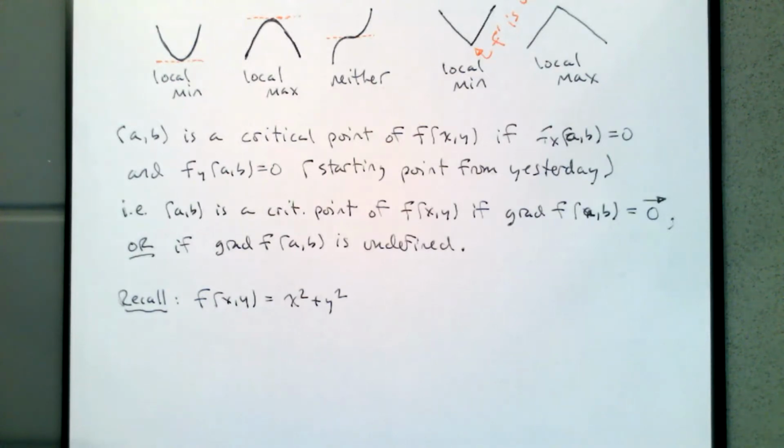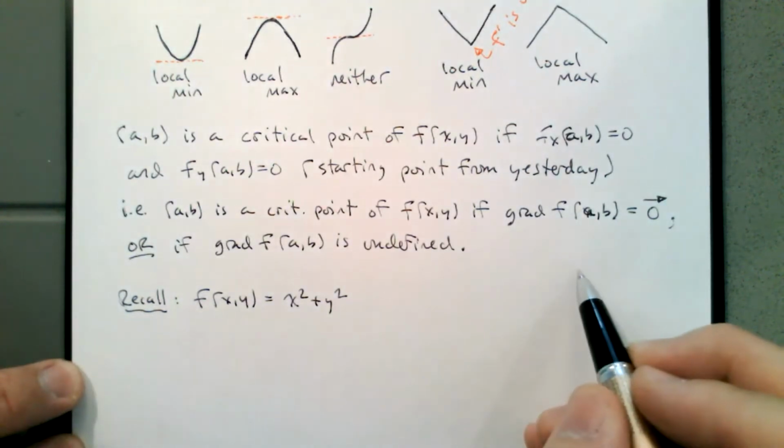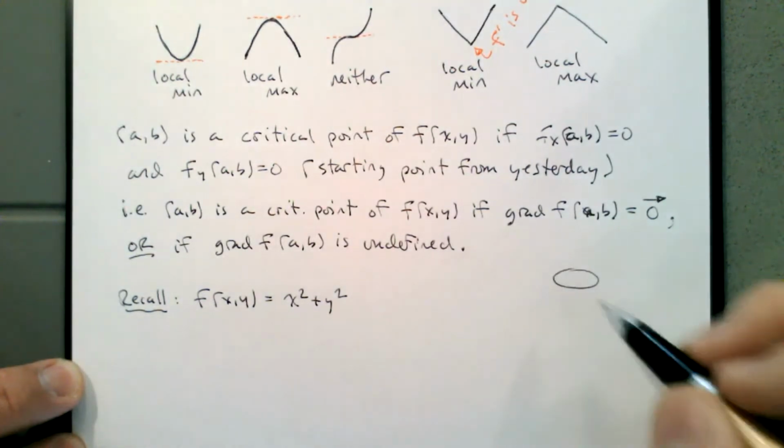We know that this function had a global minimum at (0, 0). We have x squared and y squared can both be at their lowest value 0. So the lowest value we're going to get from this function is 0, and that happens at the origin (0, 0). We can imagine the picture of what's going on here.